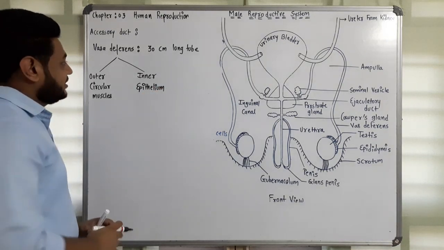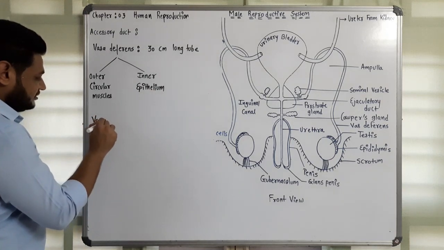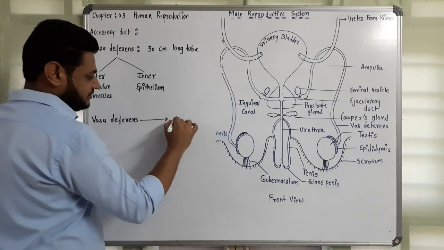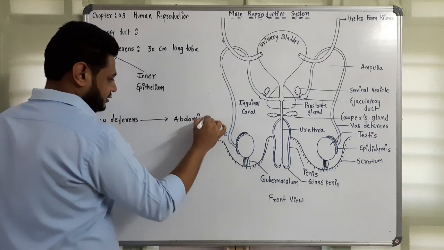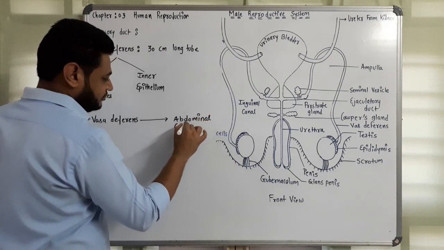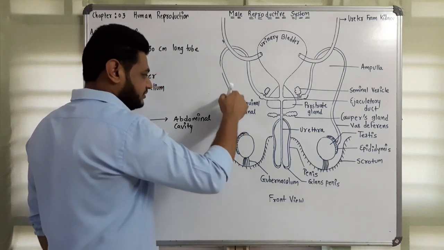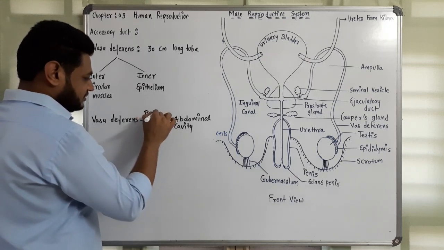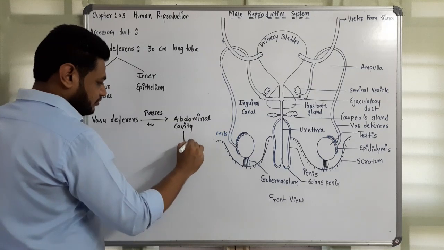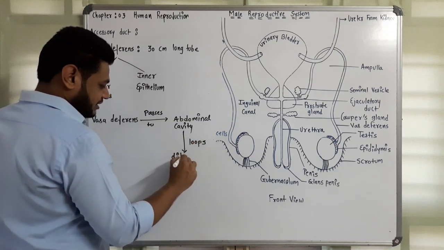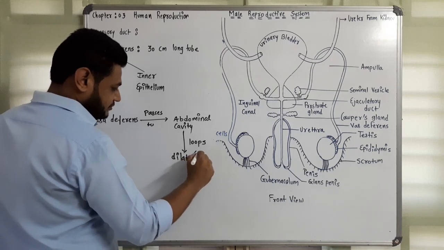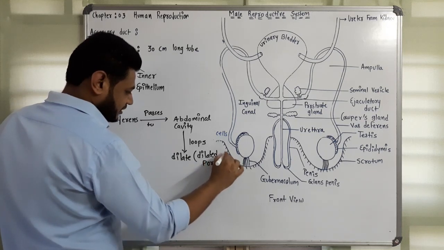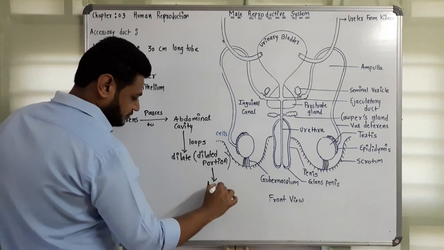The vasa deferens passes through the inguinal canal into the abdominal cavity where it loops and dilates, and the dilated portion is referred to as the ampulla.